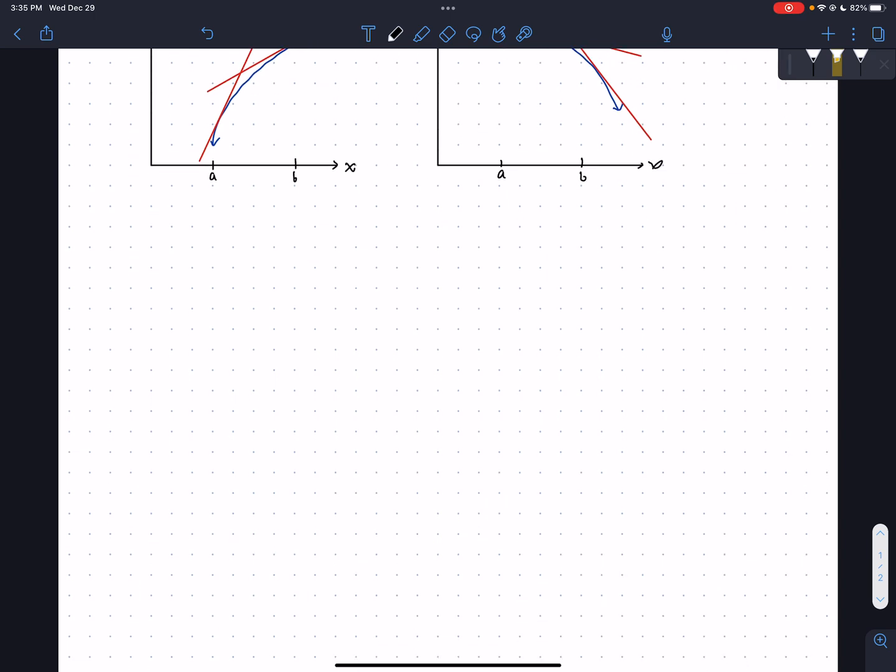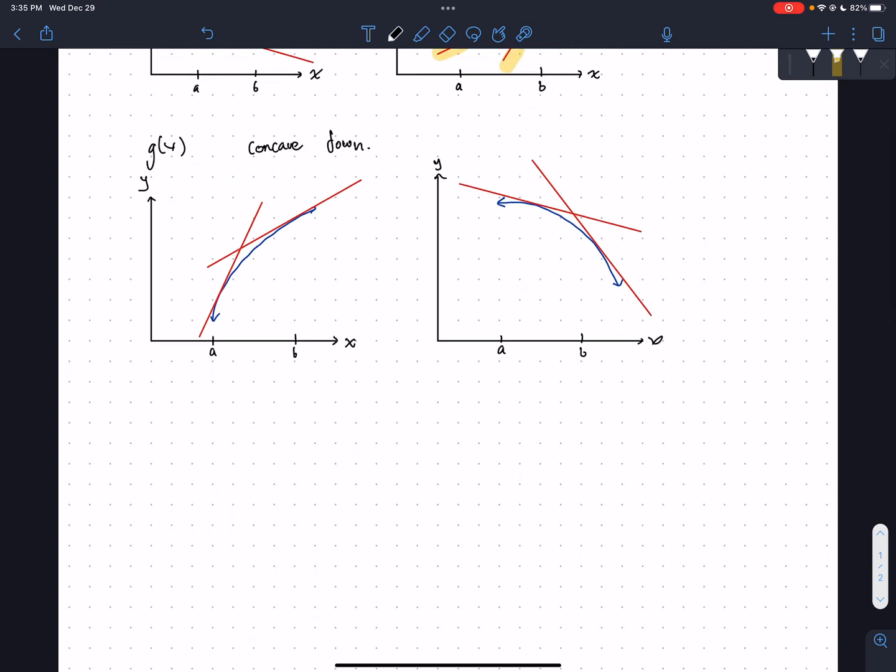So let's do an example of a function. And essentially, your double derivatives can also tell you if you have points of inflection. Okay, so there are multiple conditions.